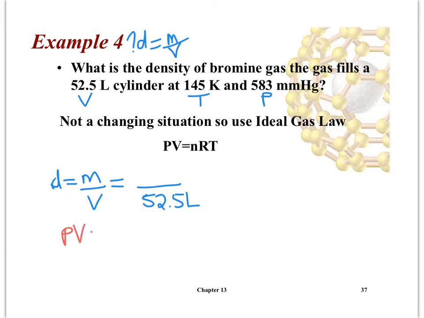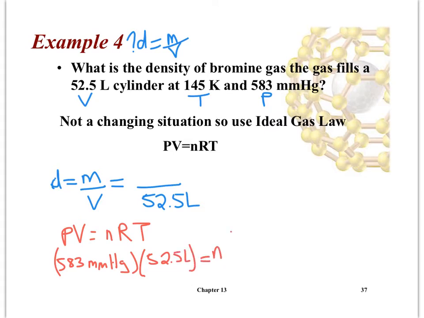So PV equals nRT. Pressure is 583 millimeters of mercury. Volume is 52.5 liters. n is what we're solving for. R, since I'm using millimeters of mercury for my pressure, I want to use 62.4 millimeters of mercury times liters per mole Kelvin.